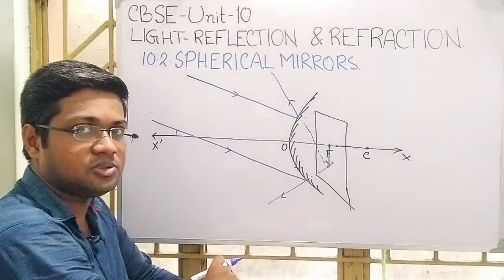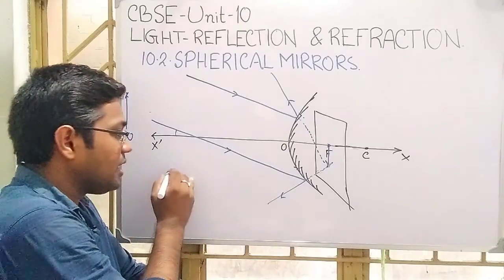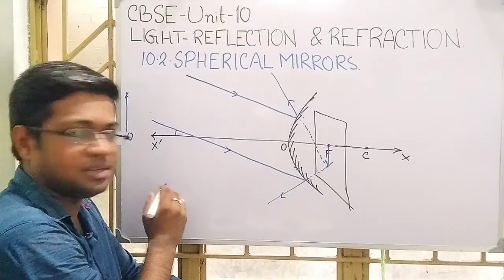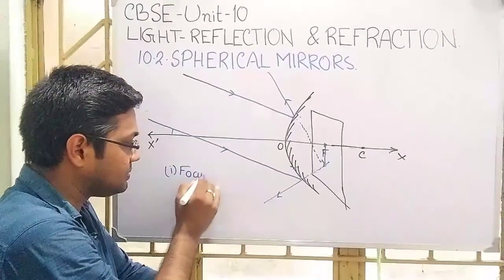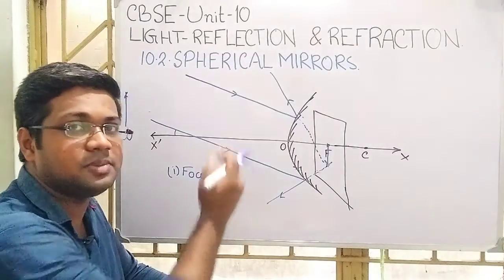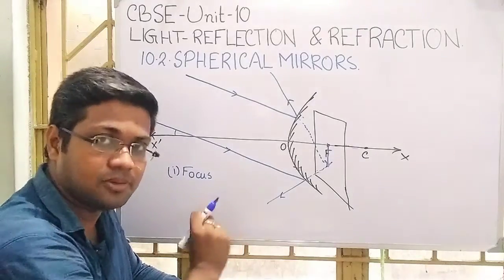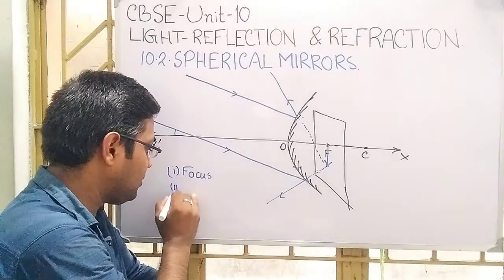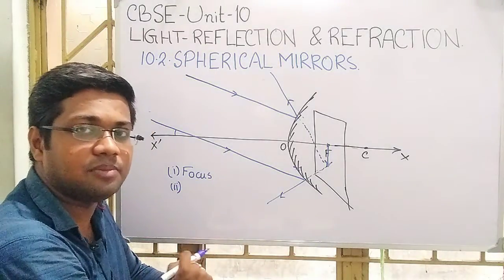So what are the characteristics of the image? One by one we will write them down. Where is it situated? Number one, it is situated at the focus. The focus of the convex mirror is behind the mirror, but the image is formed at the focus. Point number two, is it erect or inverted?